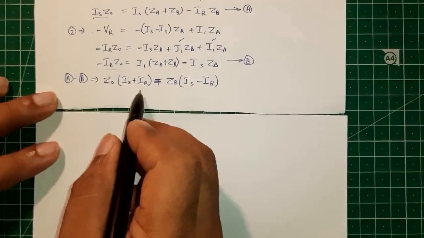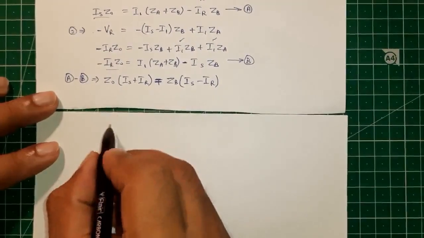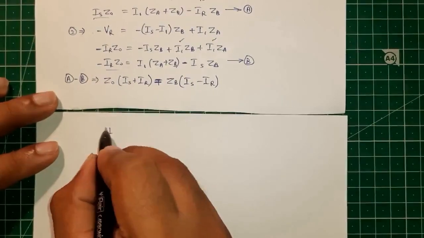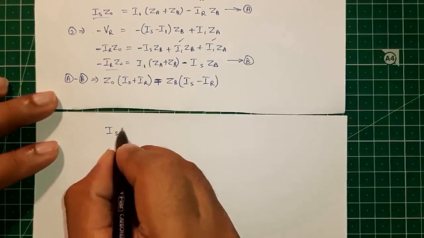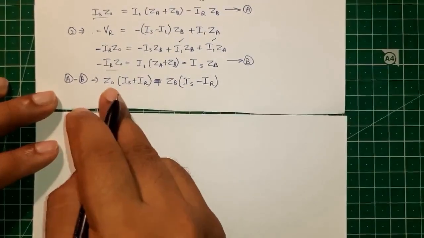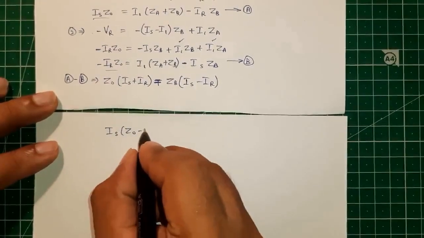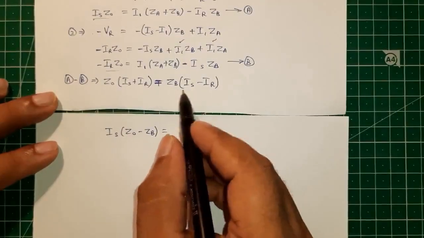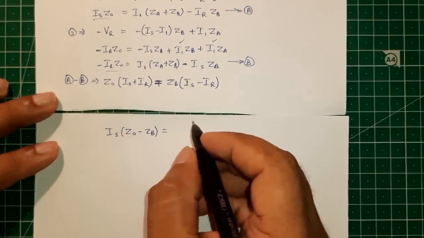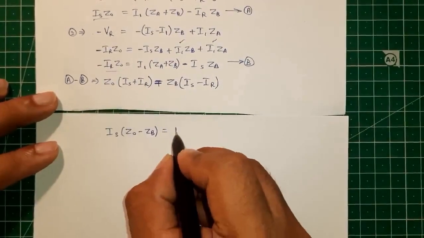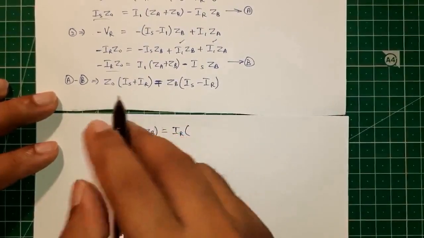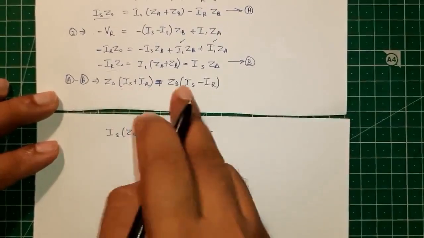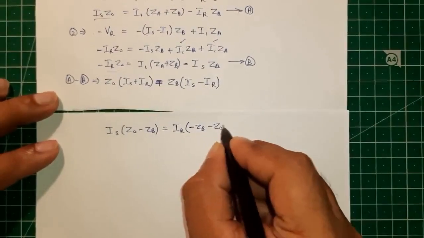So we'll collect the terms of IS and IR separately. On the left hand side we have IS into (Z0 minus ZB). So that is this term. And on the right hand side we have the IR, so we have minus ZB here and minus Z0.